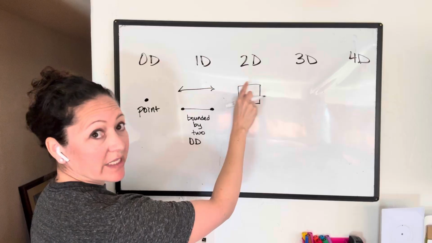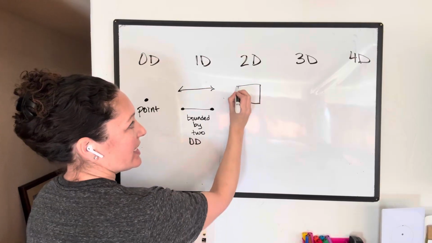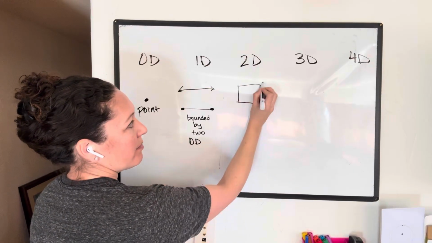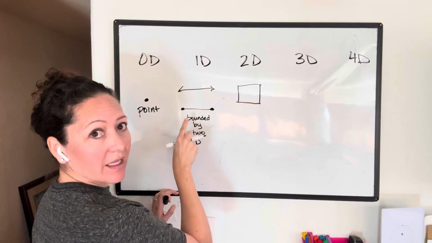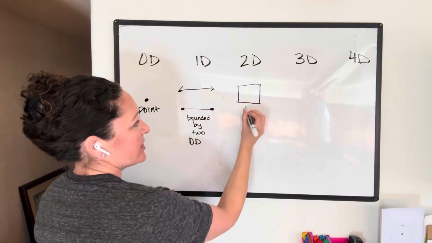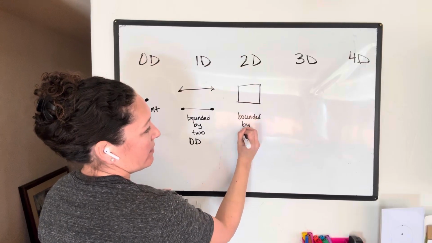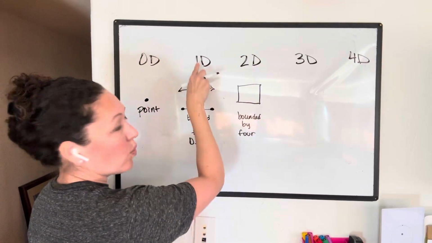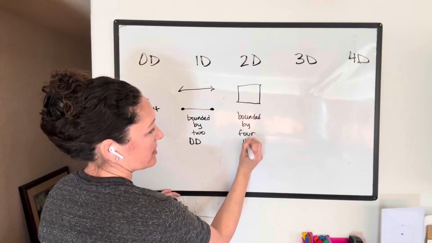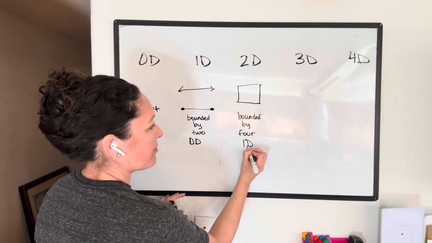The square is a bounded shape, and it is bounded by 4 line segments, so 4 one-dimensional shapes, 1D components.